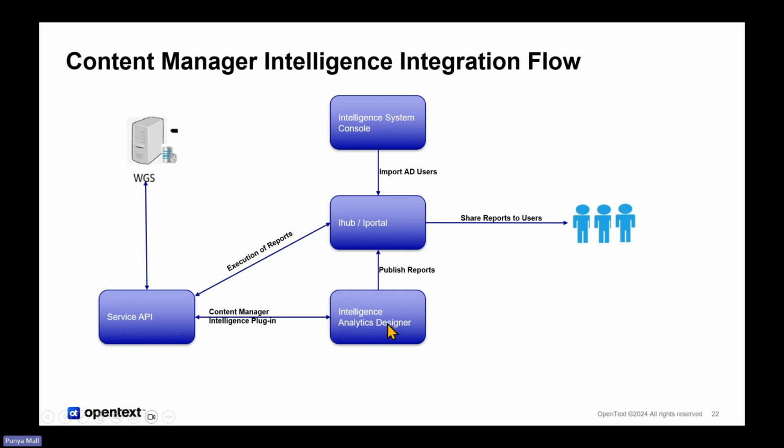Once the reports are designed in Intelligence Analytics Designer, we pass them to the iHub for publishing. From then on, whether it is real time or scheduled, that configuration executes the saved searches directly with the CM workgroup server via the service API. So this is the overall idea of how the intelligence binaries and CM workgroup server work to create a report.